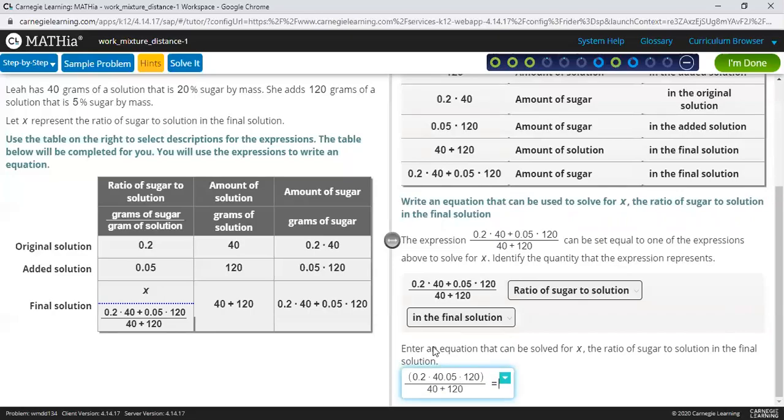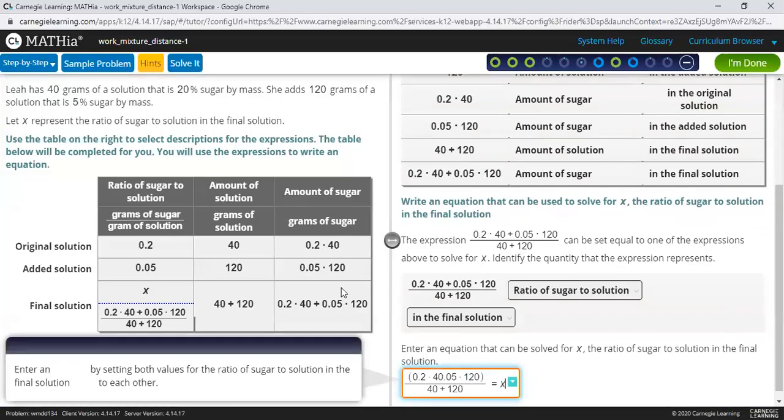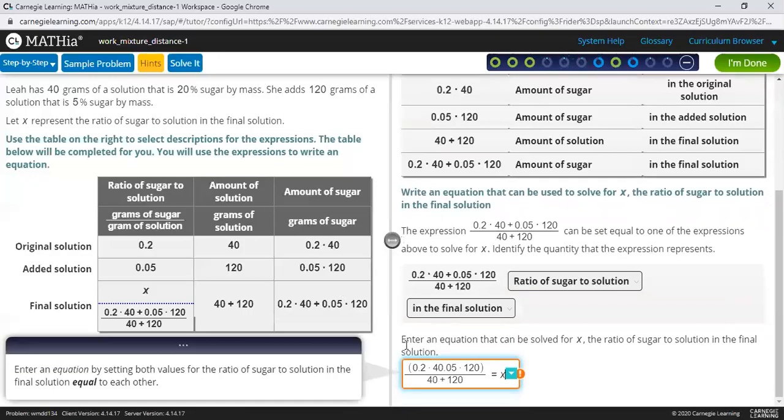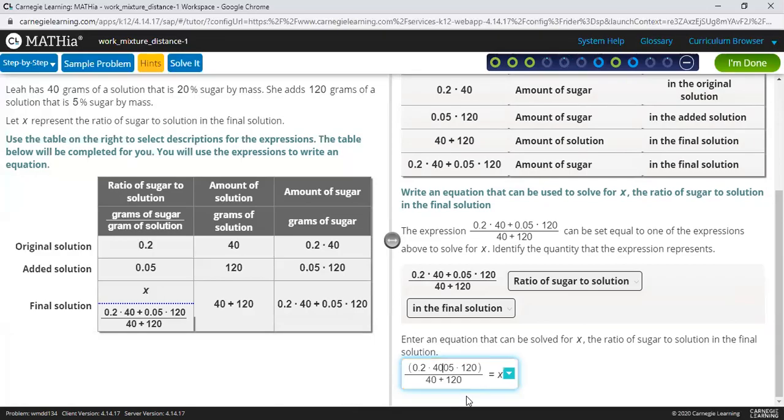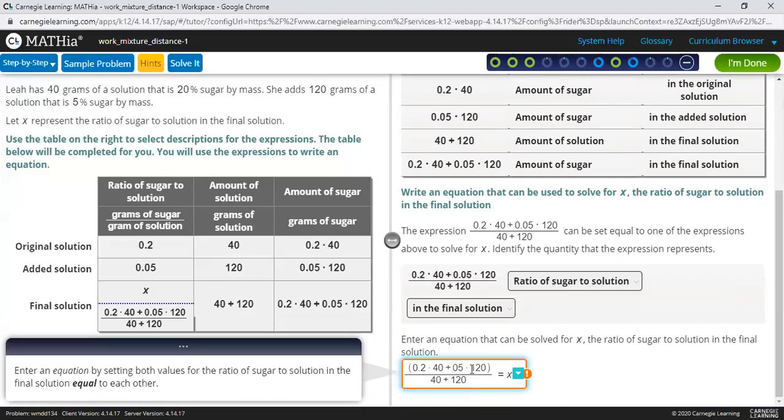I'm going to set that equal to X, because X is the ratio of sugar to solution in the final solution. So you probably caught that as I was typing. That should have been a plus sign. I totally messed up on that.